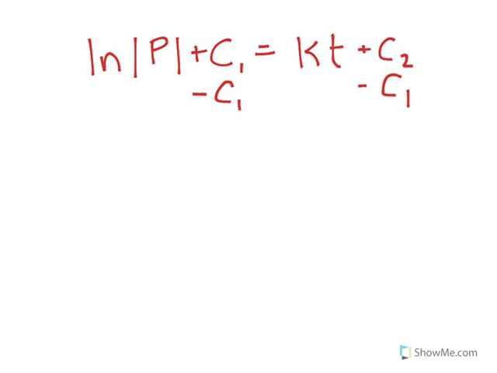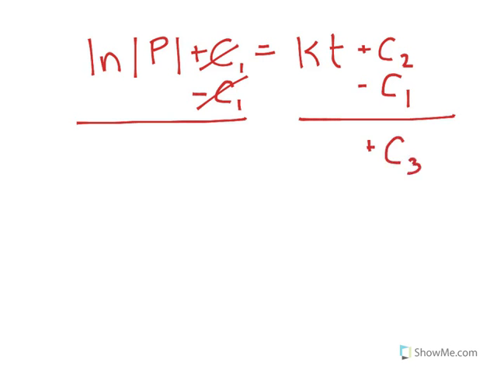And now here's where some understanding of constants is going to come in. This is some constant, it's canceled, it's gone. This is some constant added or subtracted from another constant. No matter what I do with those constants, when I combine them, I'm going to get a new constant. I'm going to temporarily call that C3. I don't know if it's positive or negative, but I can put a plus sign there.